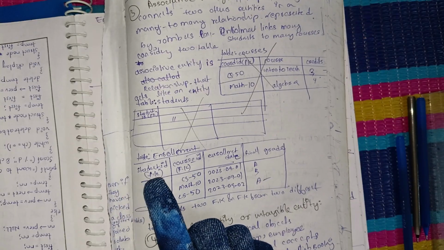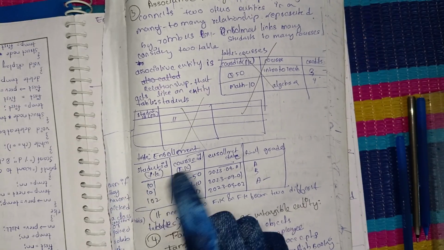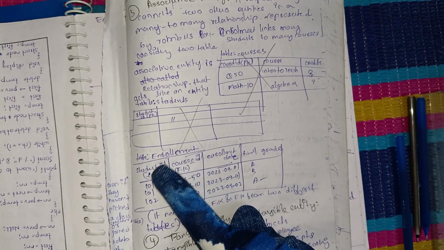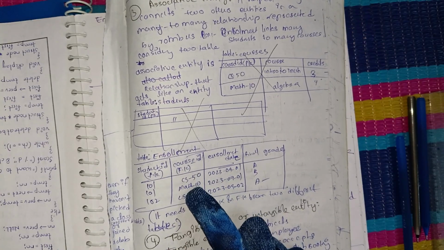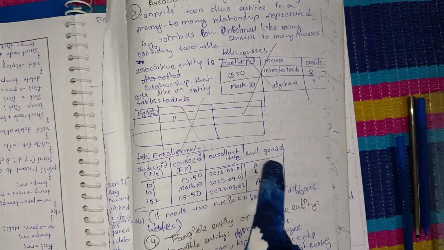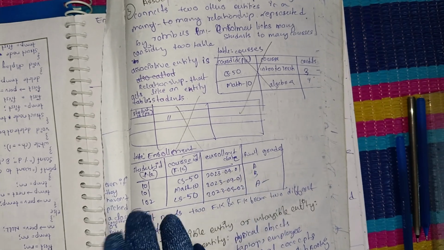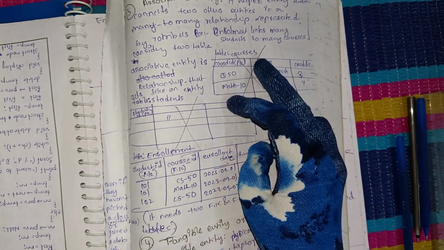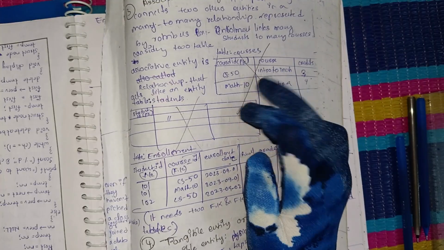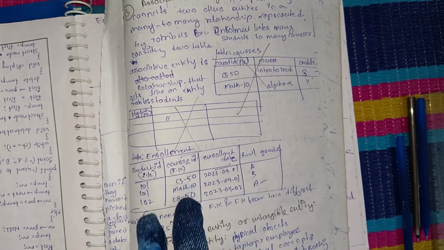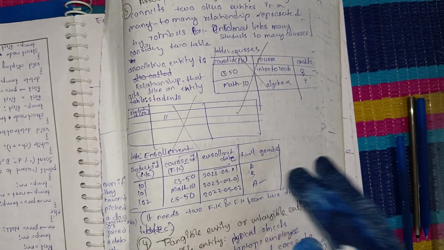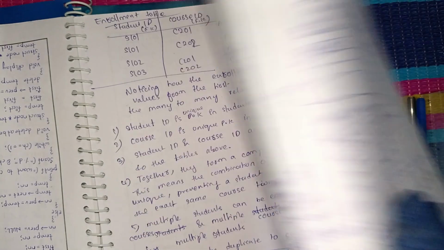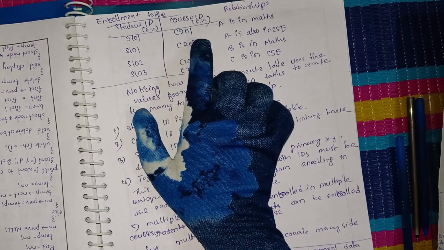So we are adding extra information about these particular students and courses. These values are different because I have taken them from different tables. But we can attach these two columns to this enrollment table.